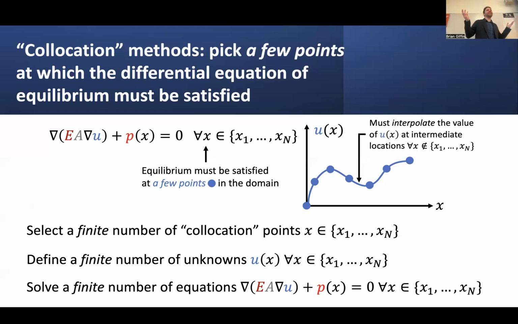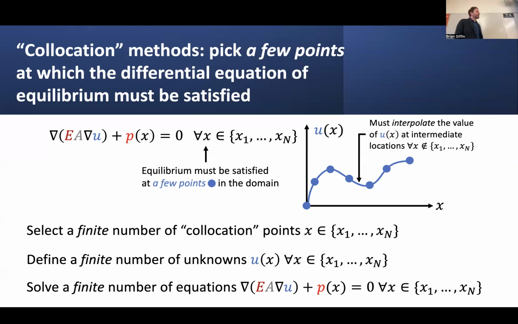So if we have no way of directly saying what the displacement field is, we have to come up with some way of representing these intermediate values in terms of the discrete values. And typically, interpolation procedures are the way that you do that, representing an interpolating function that passes through these discrete values but reconstructs intermediate values.